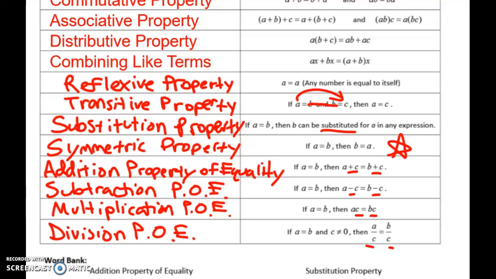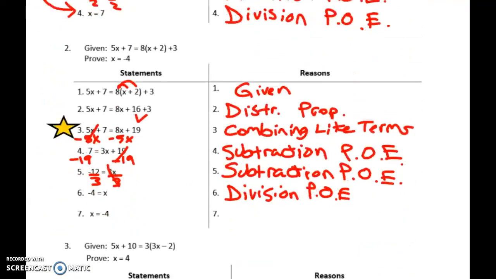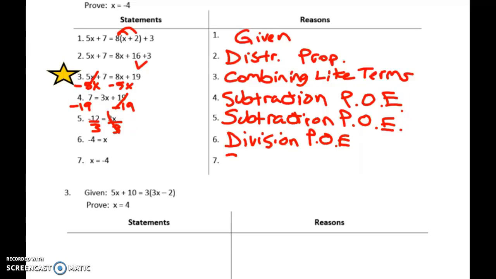So if your last step is taking X on the right, putting it on the left, that's called symmetric property. So let's fill that in right here. Symmetric property. And that's it. So switching it around is symmetric property.